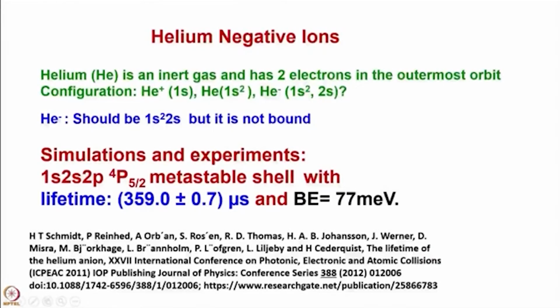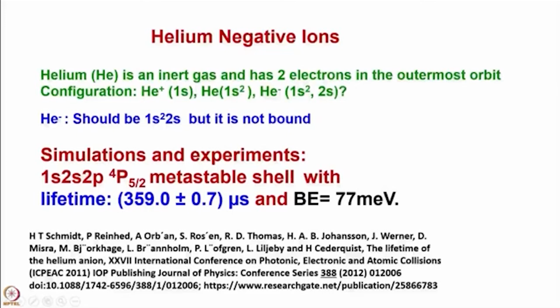So helium is an inert gas and has 2 electrons in the orbit. The configuration is this. He minus should be 1s2 2s in the ground state, but it is not found. Binding energy calculations show that. However, simulations as well as experiments have shown that there is a state called 1s 2s 2p.